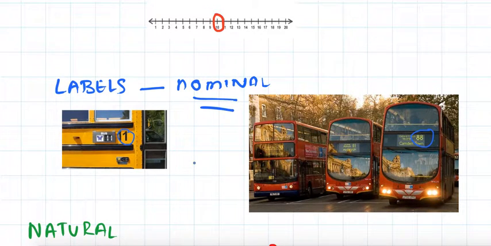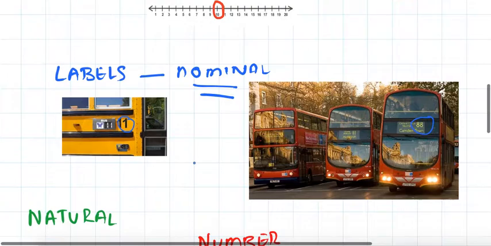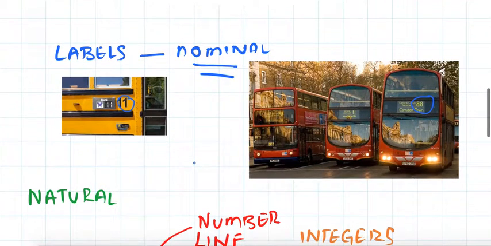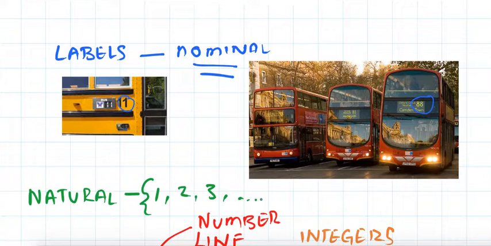Now let's slowly jump into the different kinds of numbers. We begin with understanding what natural numbers are. When we think of all the numbers we use for counting, a set of say 1 to 100, or 1, 2, 3, and on, these are essentially called natural numbers, all the numbers we usually use for counting.